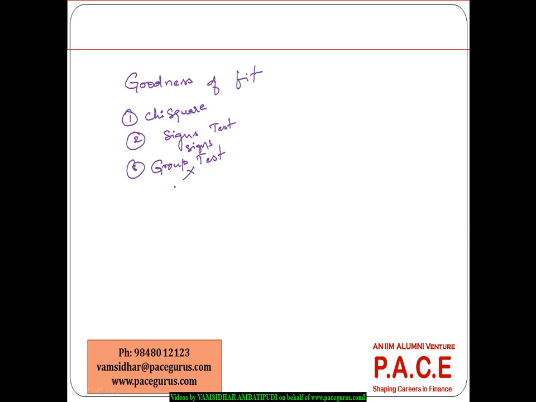Now we will move further to the third method of graduation, wherein we are following a graphical method. We are discussing a graphical method of graduation. That is what we will look at now.